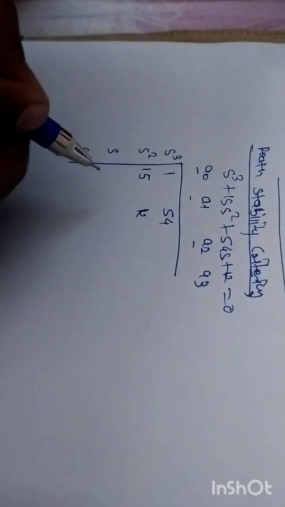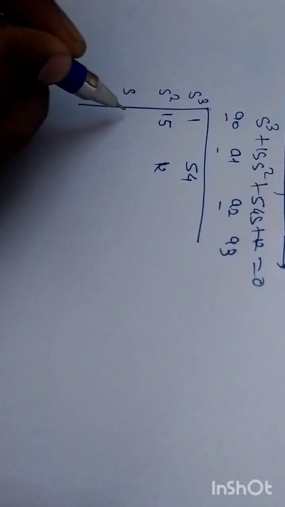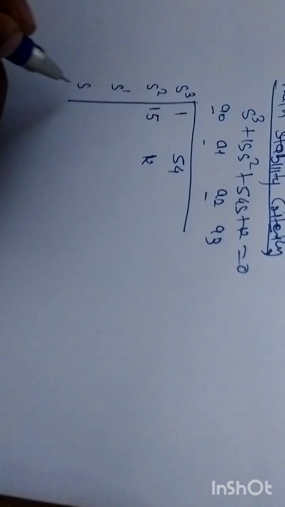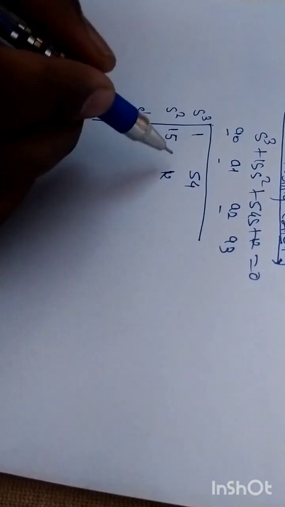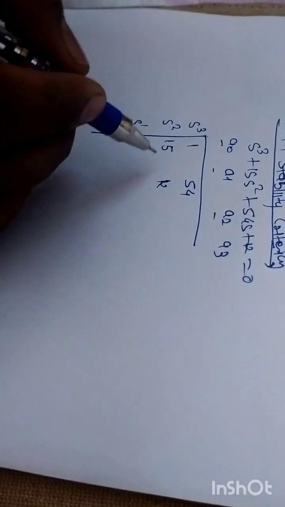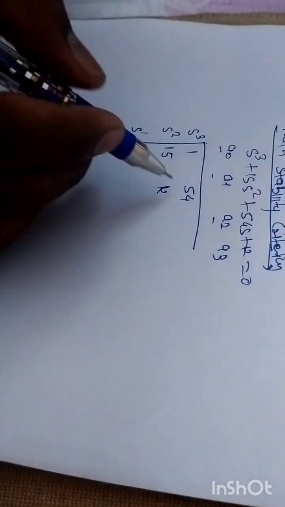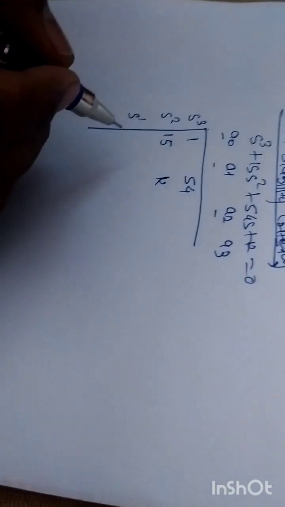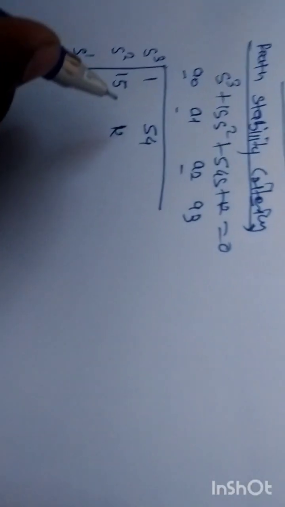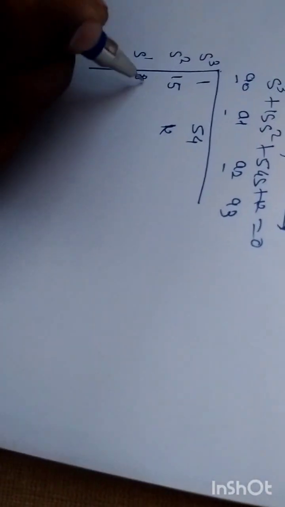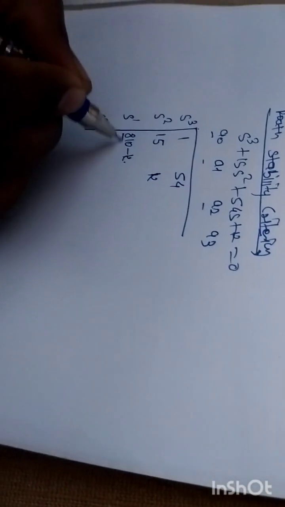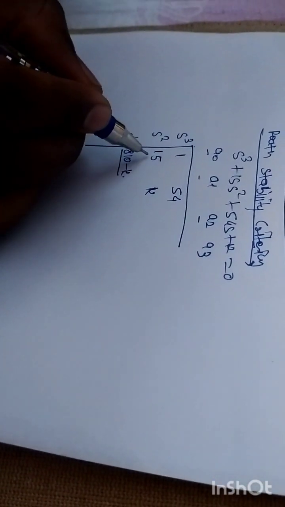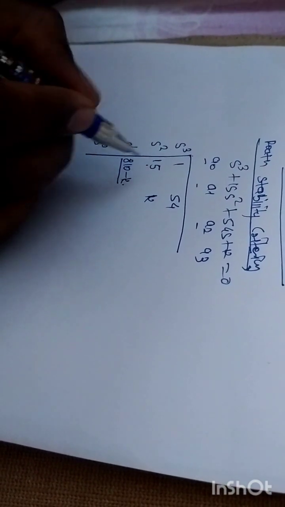Then to decide the elements belonging to this s raised to 1 row and this s raised to 0 row, we need to follow cross multiplication here. So 15 into 54 becomes 810, minus 1 into k, with the denominator being the term located at the second row.